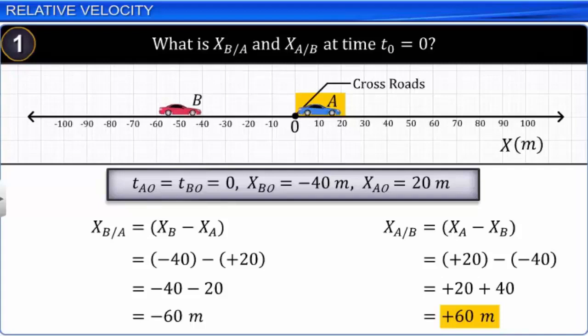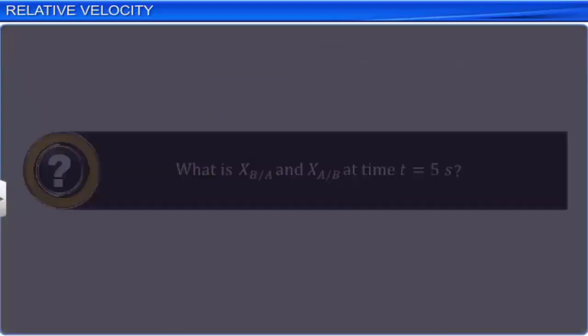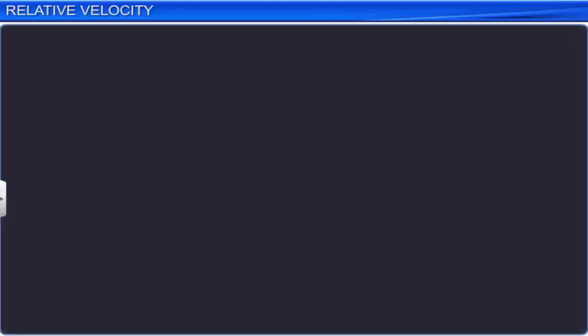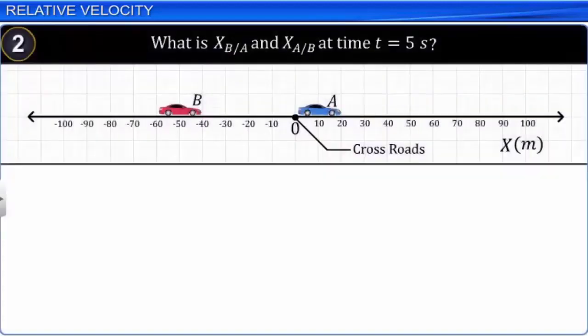2. What is xb by A and xa by B at time t equal to 5 seconds? Here, VA is equal to 10 meters per second. XAO is equal to plus 20 meters. TAO is 0 second and TA is equal to 5 seconds.